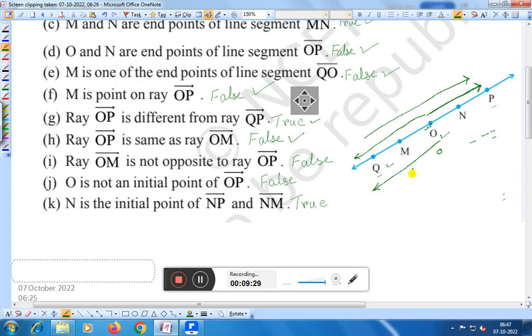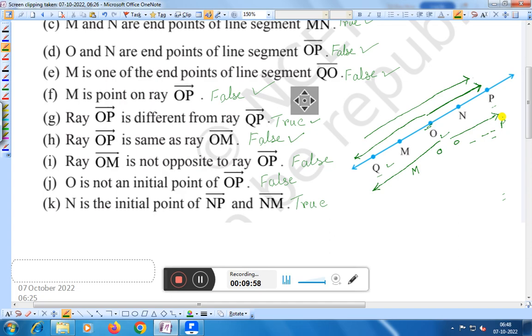This is O. This is M. Ray OM is not opposite to ray OP. OP is in this direction, and they are opposite to each other. The question says ray OM is not opposite to ray OP. That is false. Okay, actually they are opposite.